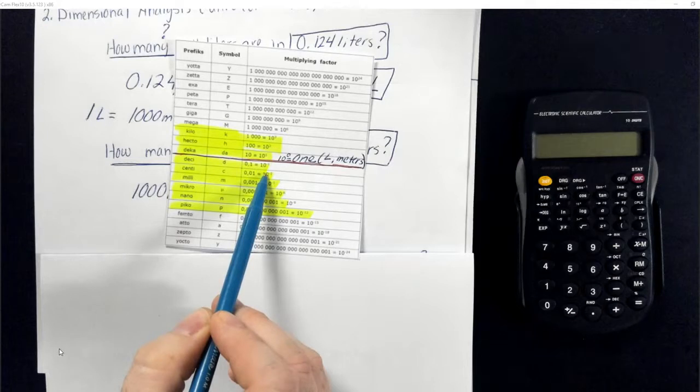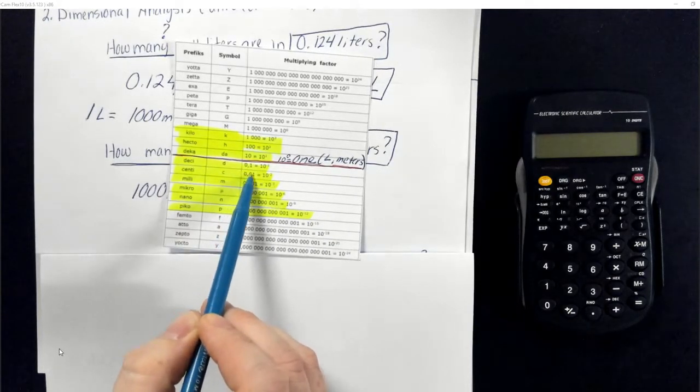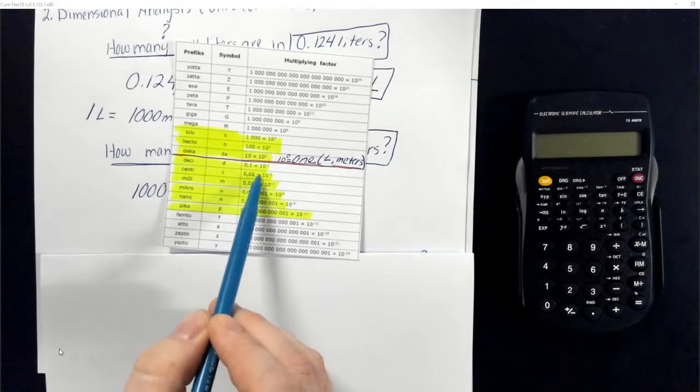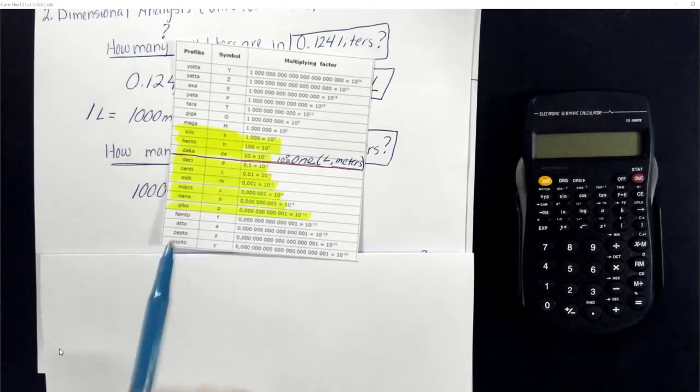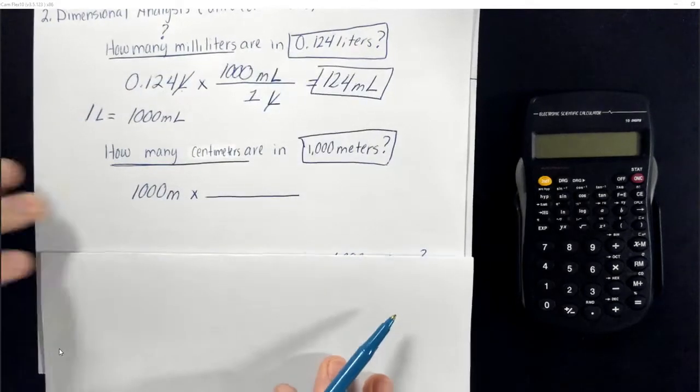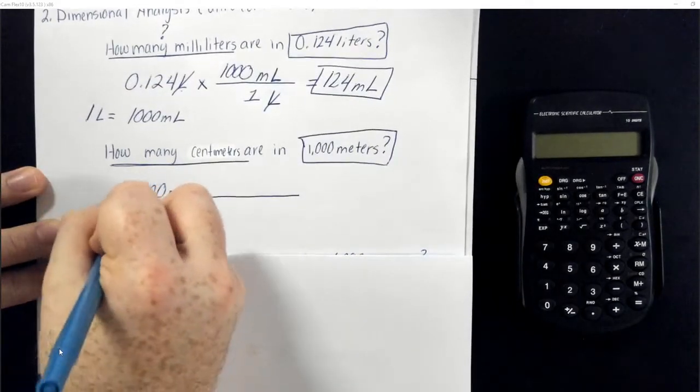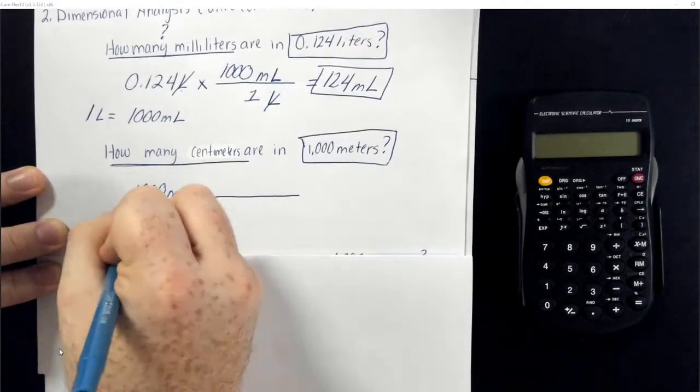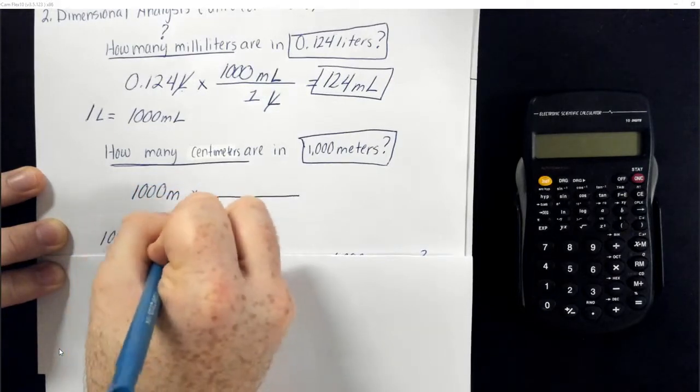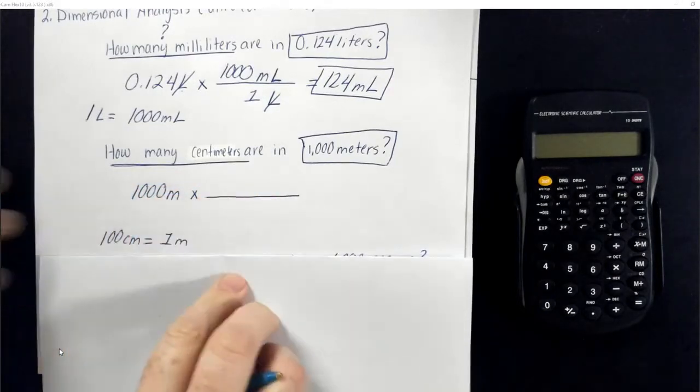Because 10 to the negative second power would be 0.01, or to get to the base unit you need 100 of these. So there are 100 centimeters to 1 meter.